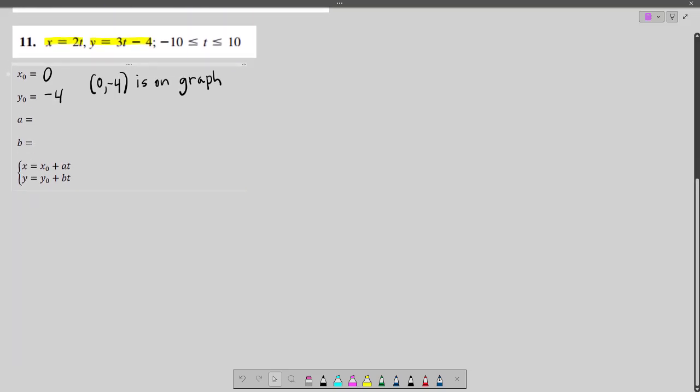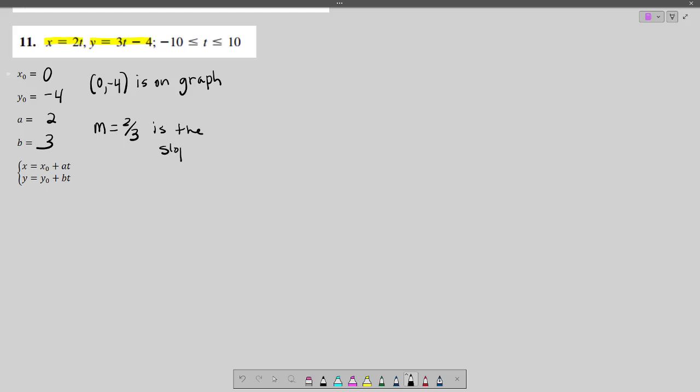So a is going to be the slope, in quotes, of the x equation, which is 2. B is going to be the slope of the other one. So this tells us that m is 2/3. That is going to be the slope of the line that we are graphing.